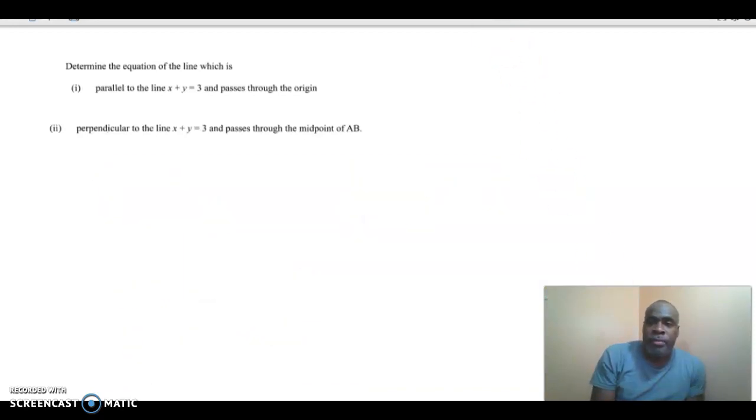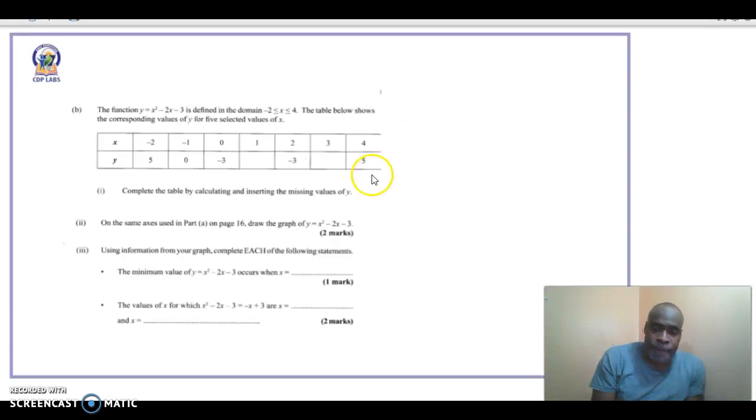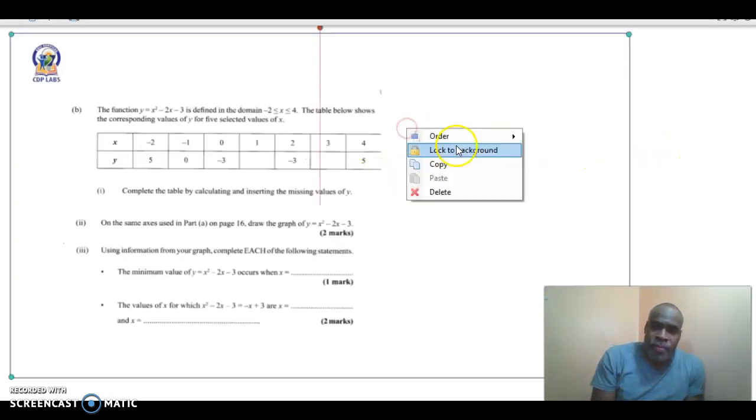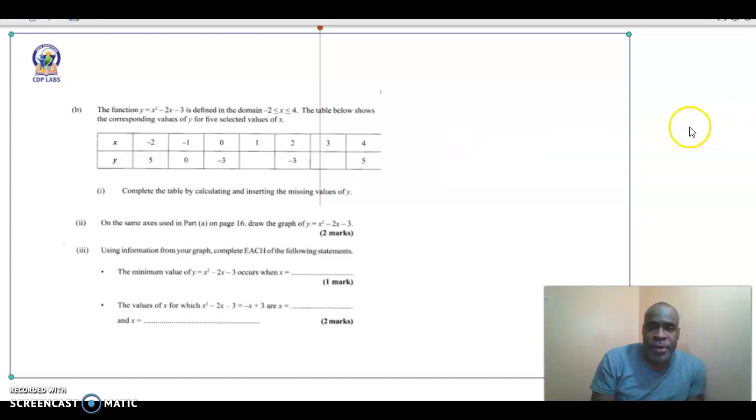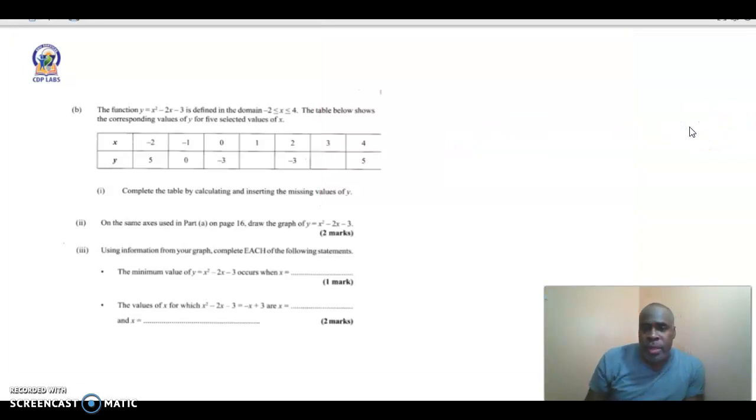So go to our final board, which is right here. It says here the function y equals x squared minus 2x minus 3 is defined in the domain where x is greater than or equal to -2 but less than or equal to 4.